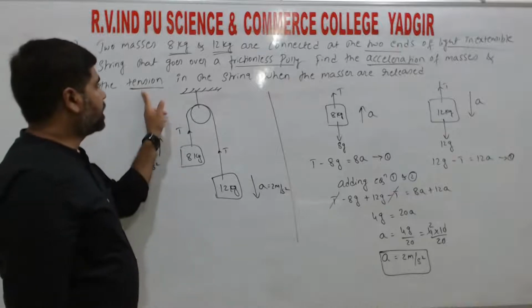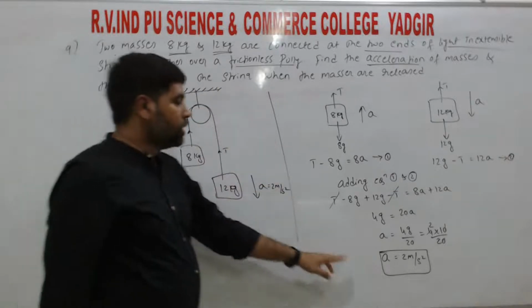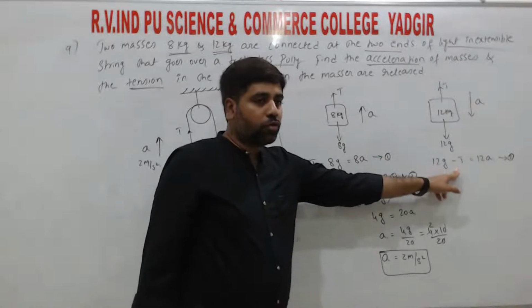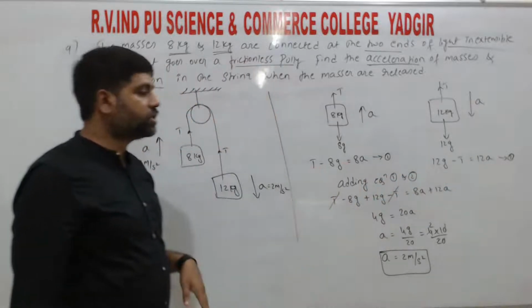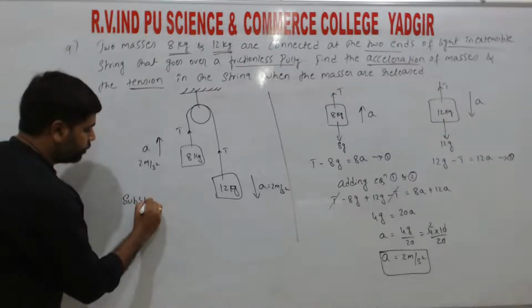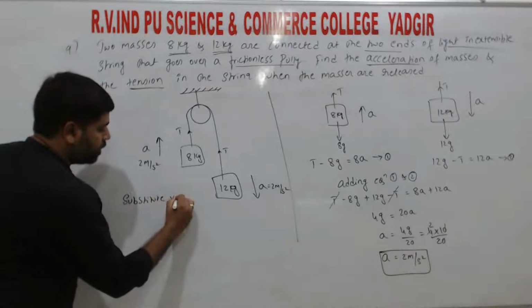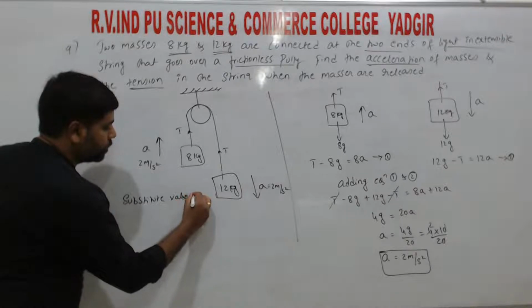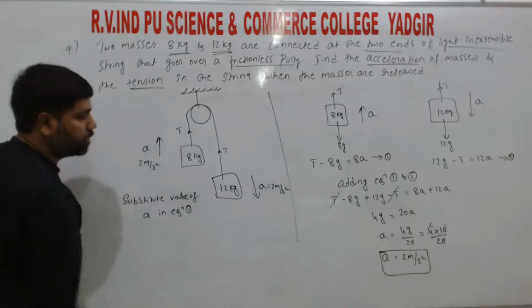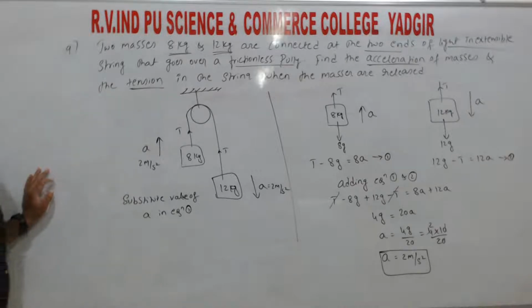So next, tension in the string. So substitute a in either equation 1 or equation 2, we can get the tension in the string, right? So substitute the value of a in equation 1, right?